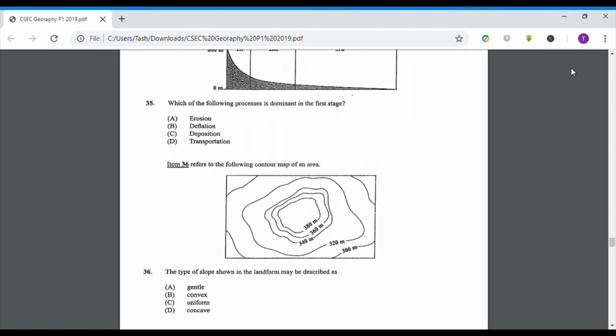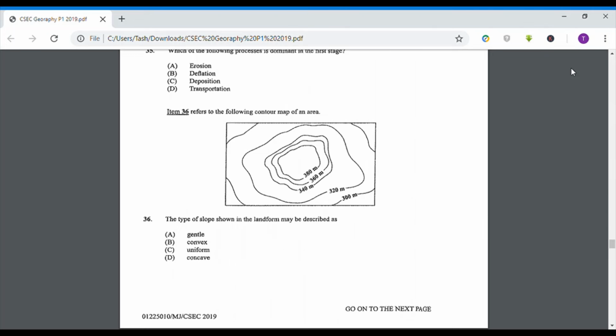For number 36, item 36 refers to the following contour map of an area. The type of slope shown in the landform may be described as gentle, convex, uniform, or concave. We have four main types of slopes. That's concave, convex, uniform, and stepped.